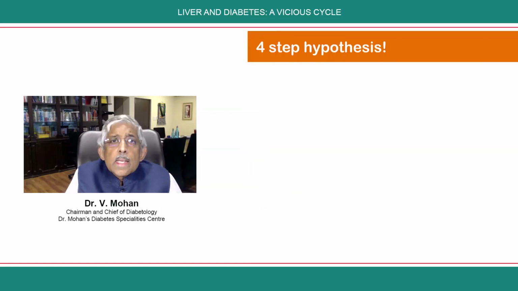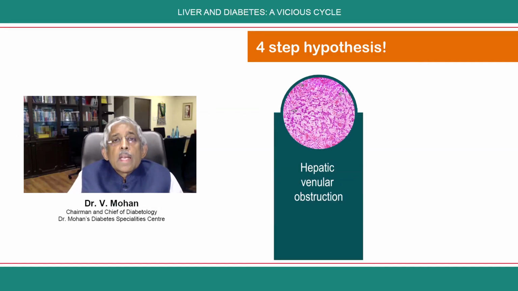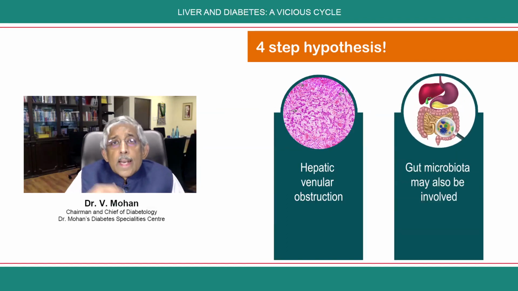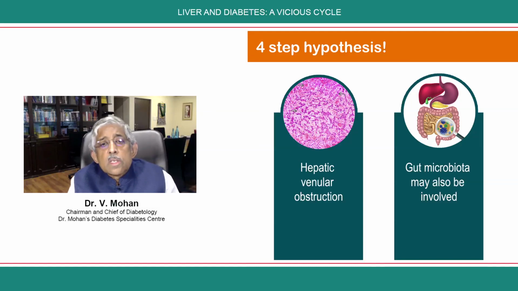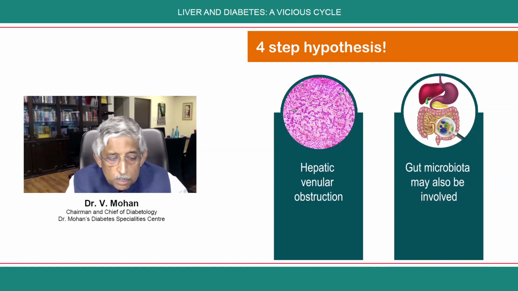There are others which say that it's not just a two-step hypothesis, there are probably a four-step hypothesis. So they bring in the hepatic venular obstruction, they bring in the gut microbiota and other factors to be involved in the pathogenesis of chronic liver disease and diabetes and the connection between the two.